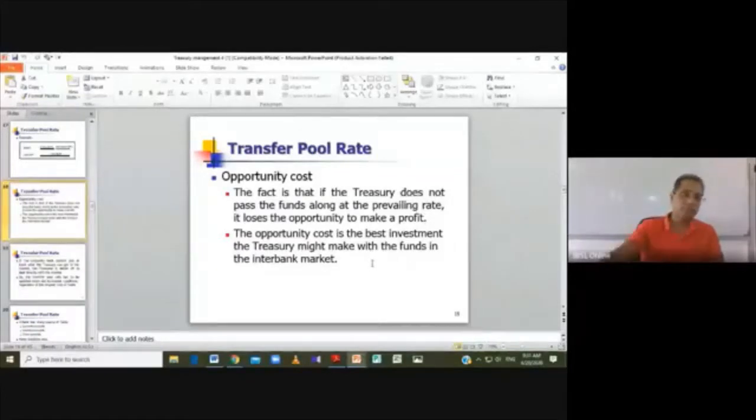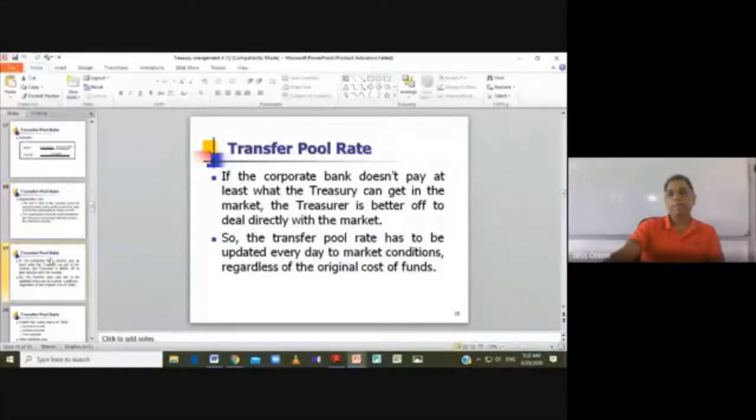Then if the corporate bank doesn't pay at least what the treasury can get in the market, the treasurer is better off dealing directly with the market. That is clear, right? We've discussed it already. So the transfer pool rate has to be updated every day to market conditions regardless of the original cost of funds. Agreed? Is the second point clear?